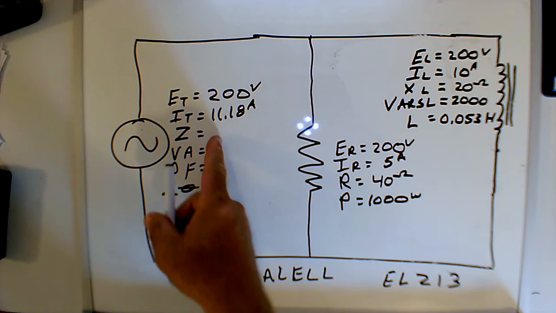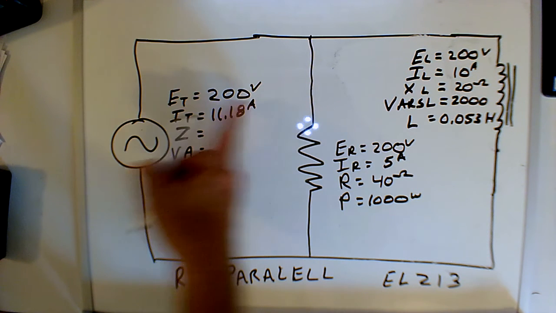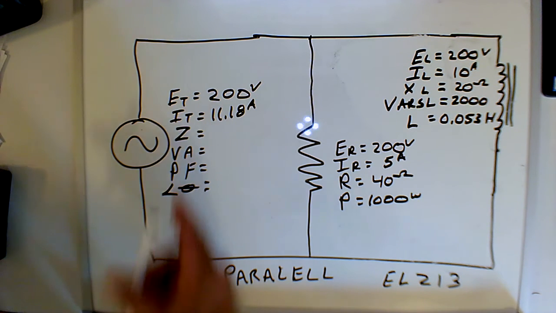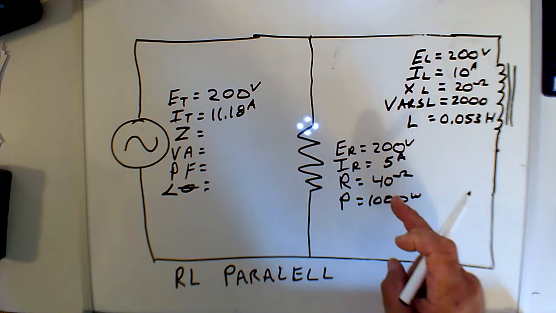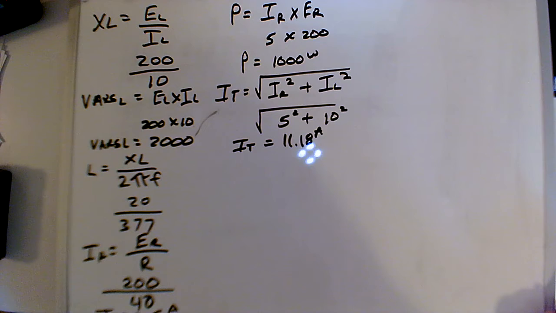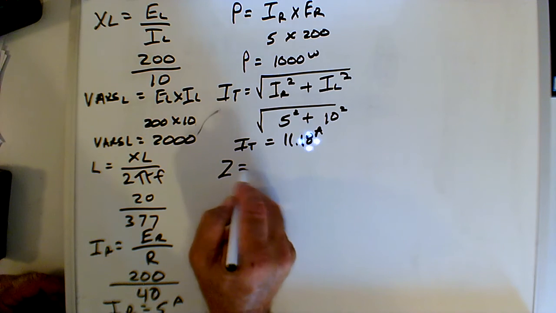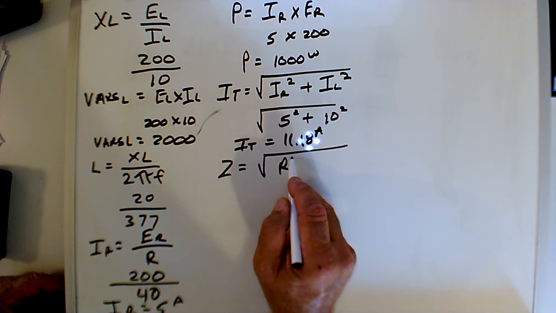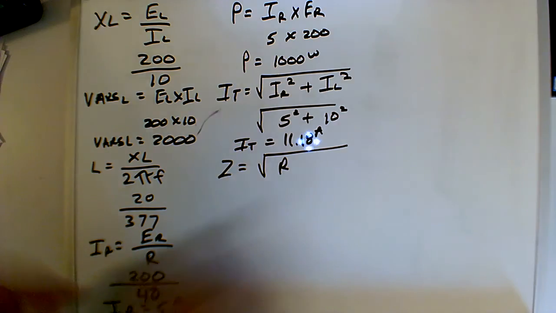Now an easy way to figure out Z would be to take the E, the voltage, and divide it by the current. E divided by I would give me Z. But we can also figure out what Z is using a different formula, using 20 and 40. So we can figure it out either way.